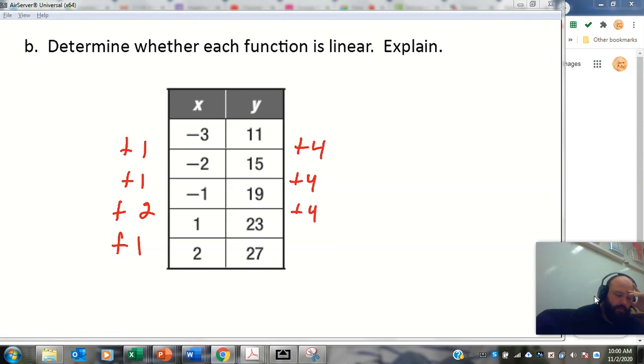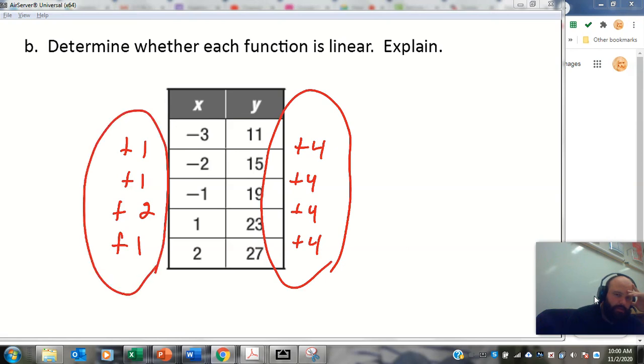This one's +4. And this one is +4. So what you can see is now the y's are consistent, but the x's are not consistent. And so when I write the slope, it would be 4/1, 4/1, 4/2, 4/1. That's not consistent. So this is no as well.